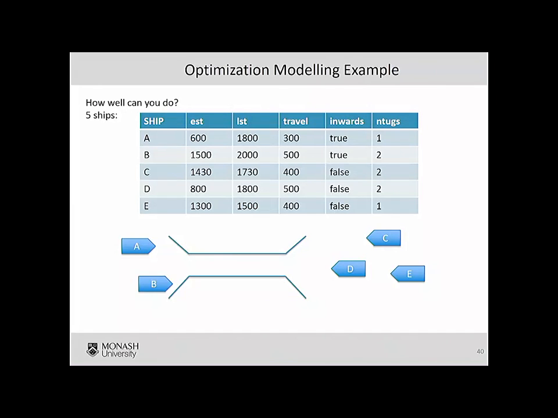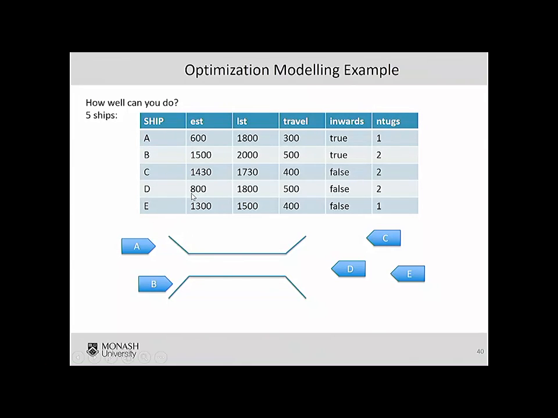So you can try by building a simulation. A simulation would say something like, okay, let's just take ship A, they can go first because they've got the earliest possible start time. So let's run them at their earliest start time, from 600 to 900, going this way.